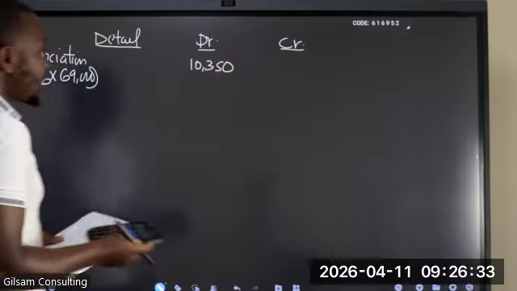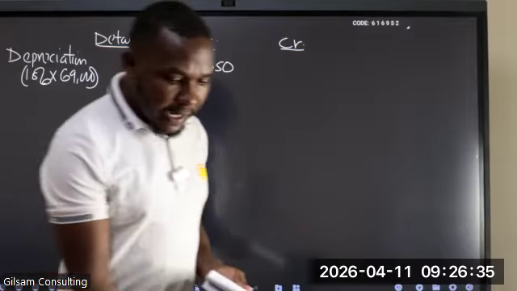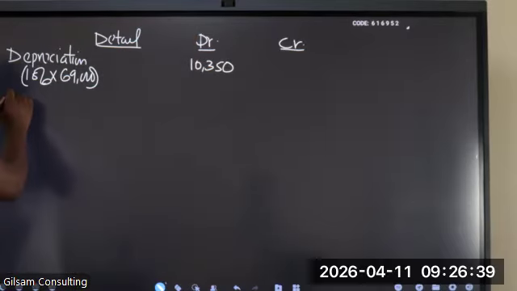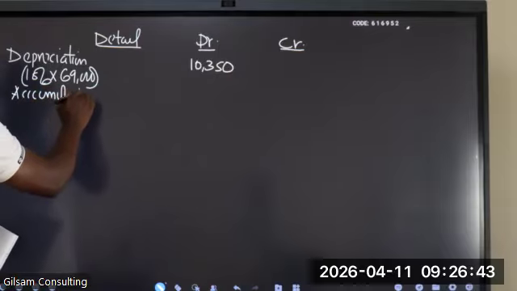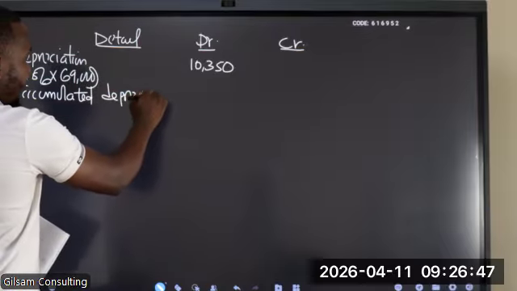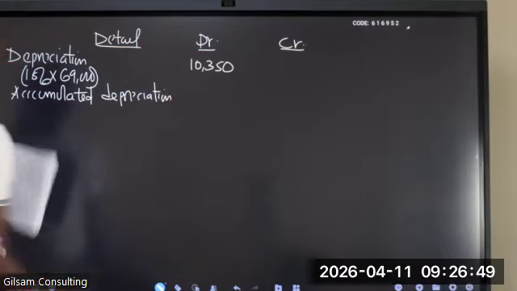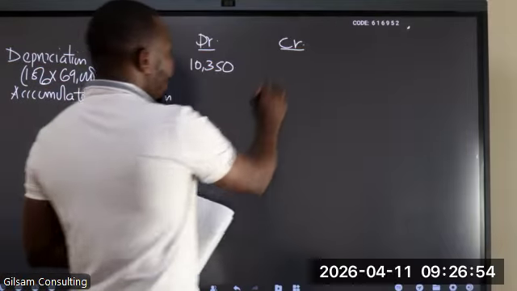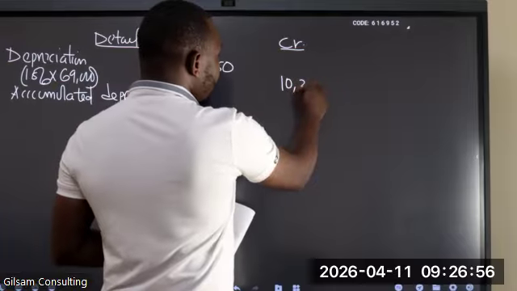Now, depreciation, you credit accumulated depreciation. On the assets account, you can either put accumulated depreciation or the assets account, 10,350.